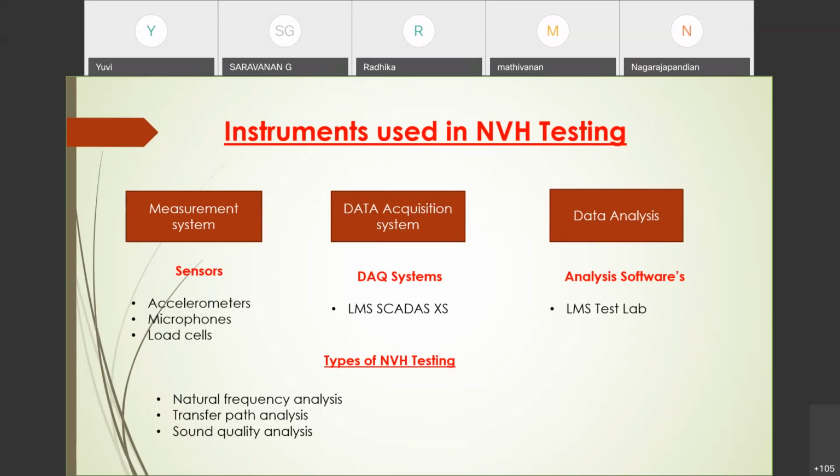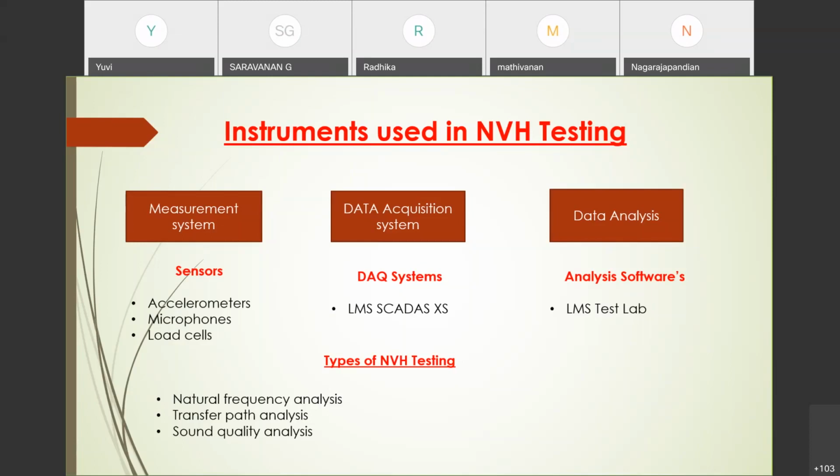We have a test called modal analysis to find it. In modal analysis, we fix as many accelerometers as possible on the part and give an impact using an impact hammer, which is nothing but a load. Based on the load, we collect the data, and using those data we derive the frequency of the part and product. I'm telling you very simply, but it's a very big process to do that.